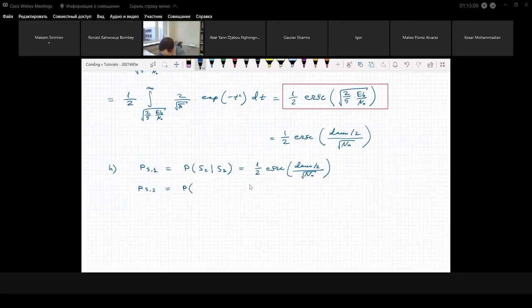So we say that we have the probability that we get S1 while transmitting S2, plus the probability of S3 when we transmitted S2.